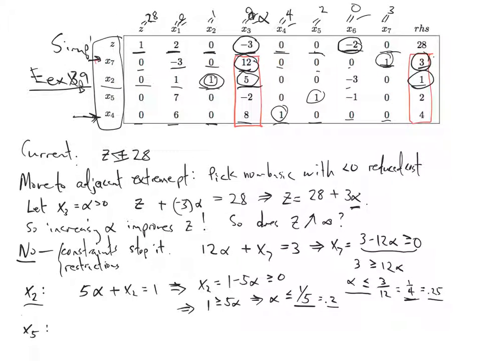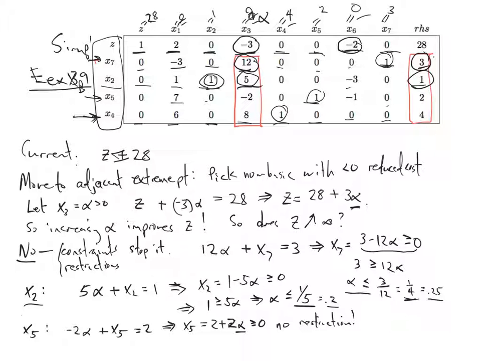This row for x5 says, with the non-basic variable at 0, minus 2 alpha plus 1 times x5 equals 2. So that tells us x5 is equal to 2 plus 2 alpha. And obviously, as alpha is a positive number, there's no restriction here.